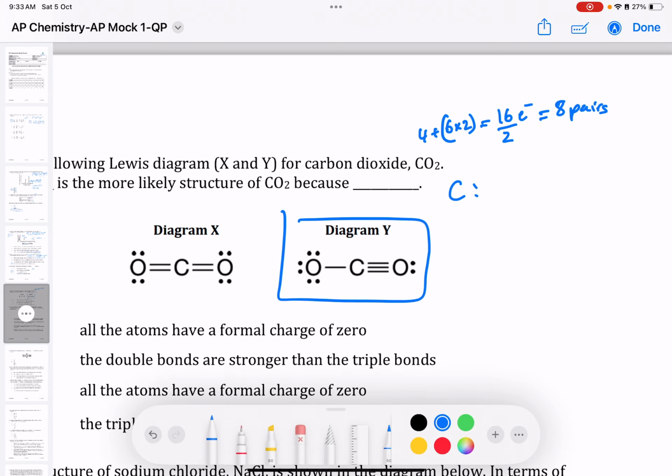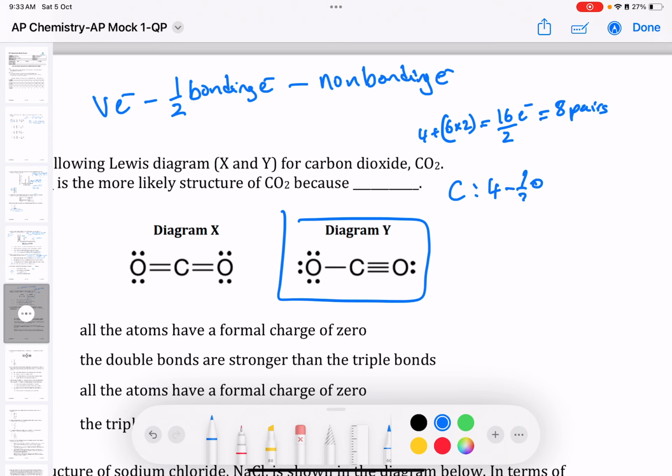Formal charge is equal to the valence electrons of carbon minus half the bonding electrons minus the non-bonding electrons. So carbon has 4 valence electrons. We have 0 non-bonding because all the electrons of carbon are bonded.